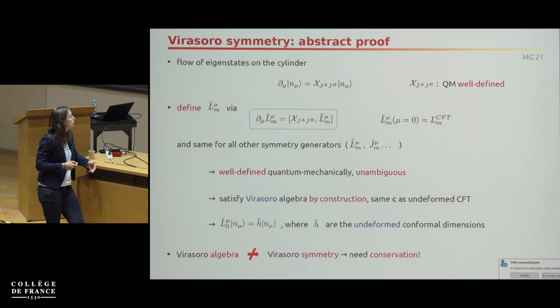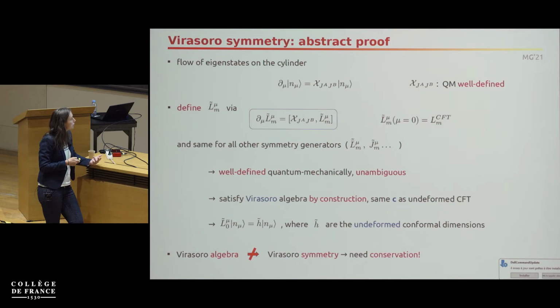So I construct these operators, and they have these properties, but so far I'm just doing some formal manipulations. I'm getting a Virasoro algebra, but I haven't shown you that I have a Virasoro symmetry, because in order to have a symmetry, I need conservation. That's an essential requirement, and this I could do for any set of generators.